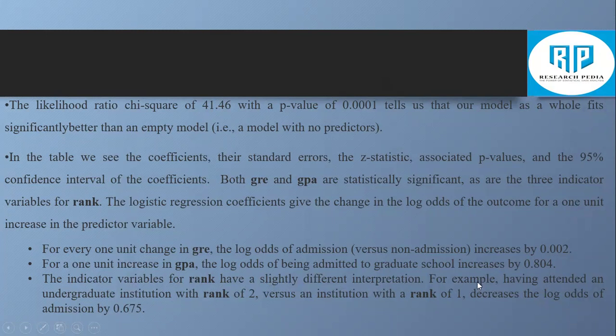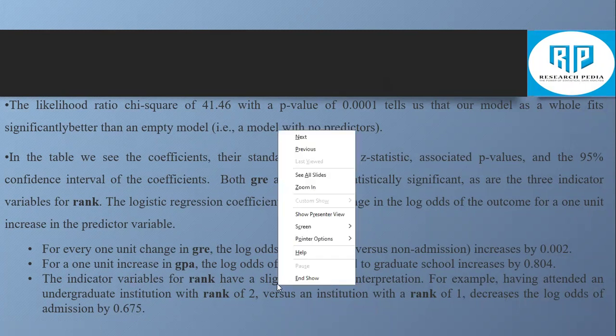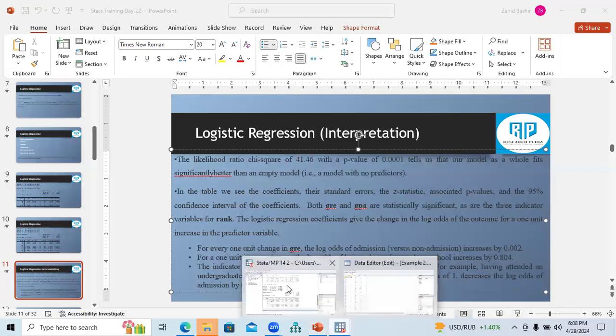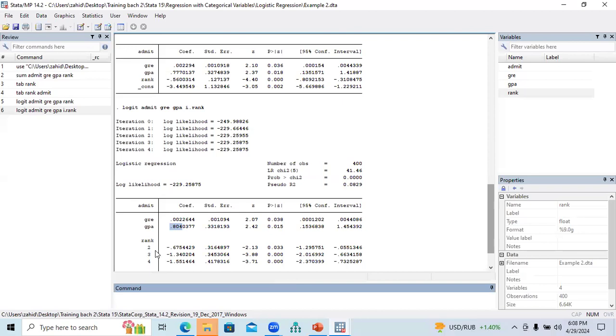For example, having attended an undergraduate institution with rank 2 versus an institution with rank 1 changes the log odds of admission by 0.675. The regression result does not show rank 1, because rank 1 is considered the reference category here.